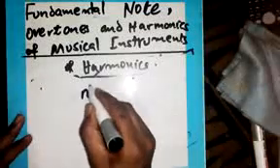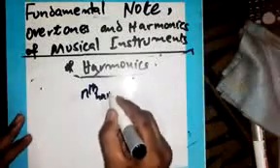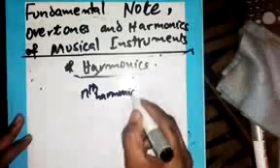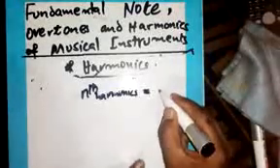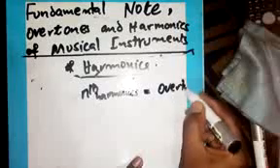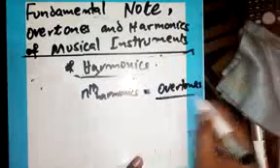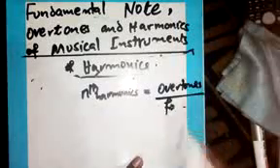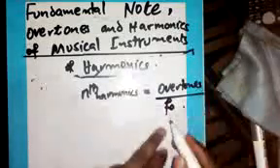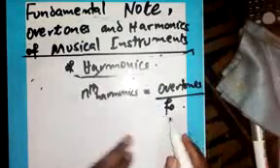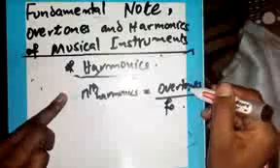To find the nth harmonic, you take the overtone over the fundamental frequency. If you divide the overtone by the fundamental frequency, you will know which harmonic that frequency is.